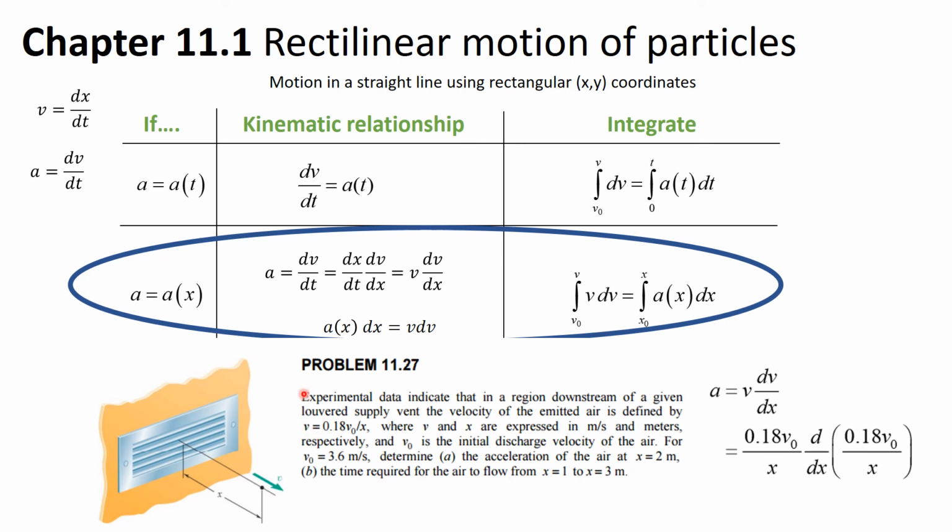Now we're given velocity in terms of position, not acceleration in terms of position. So we're going to have to go back and use this little relationship too. Where we have our velocity, we just plug that equation in for our velocity. And then instead of dv/dx, we're going to take the derivative of that whole equation with respect to x. So just wherever you see a v in here, we're going to plug in our equation.